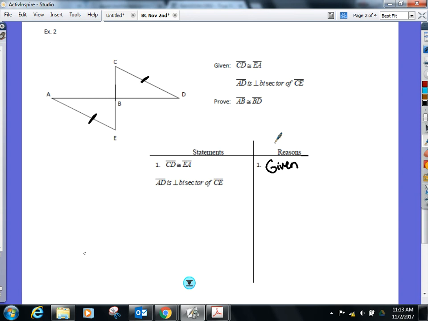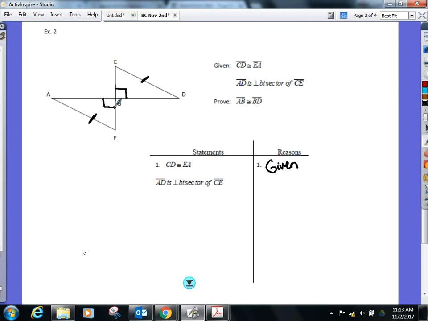I already marked CD congruent to AE. AD is a perpendicular bisector of CE. Let's take care of the perpendicular part. What's going to happen when AD and CE meet? They're going to create right angles, so let's put them in our diagram because they're perpendicular to each other. Need somebody else, Kate? Whoa, whoa, whoa, I'm not there yet.